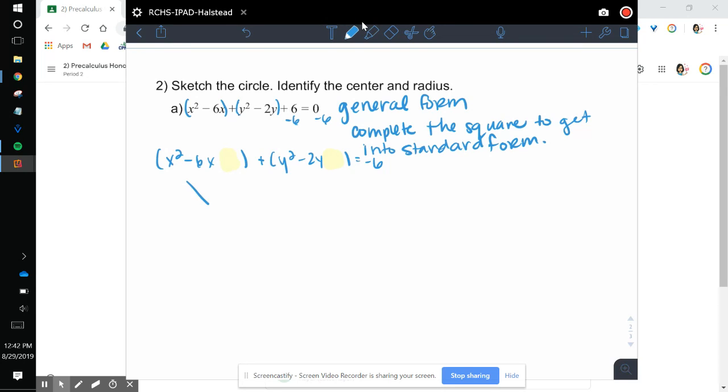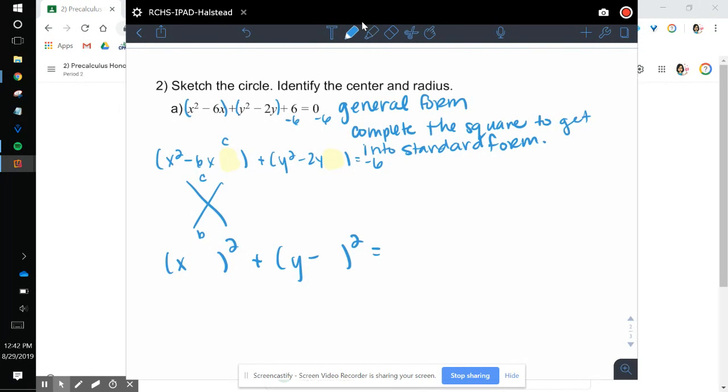So if I use the big X to factor, my goal here is to get x plus or minus something squared, plus y plus or minus something squared, is equal to something. I know that my b value normally goes on the bottom and my c value normally goes on the top.